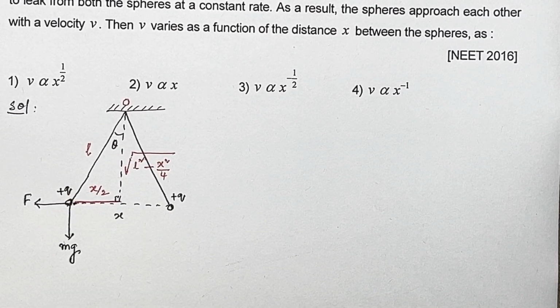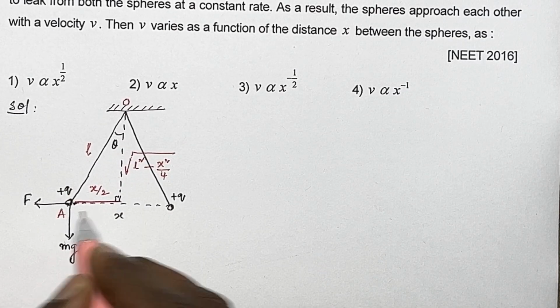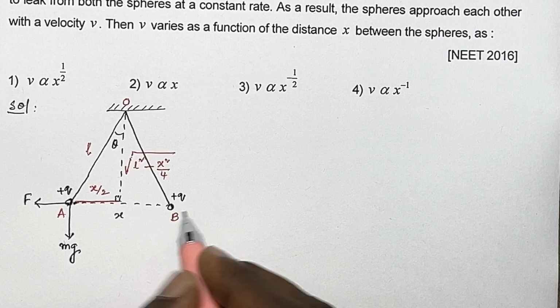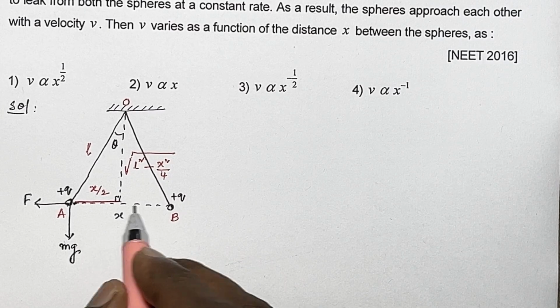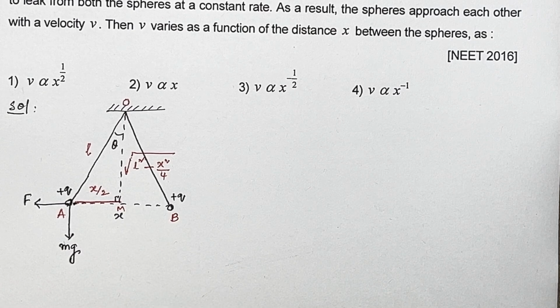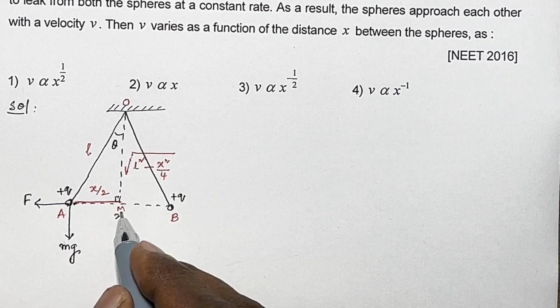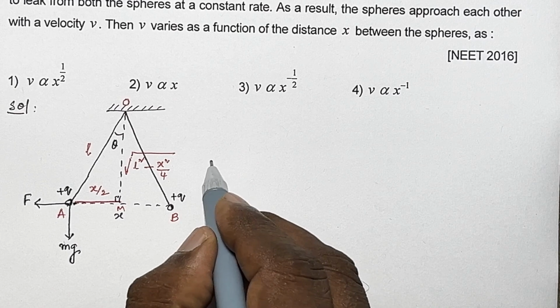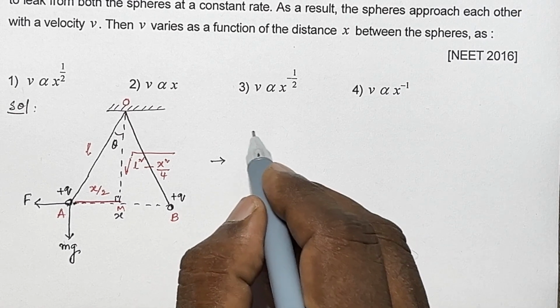I will take O. This is sphere A, this is sphere B, right? So this is somewhat a midpoint here. So in triangle OMA, I will write this one like this.